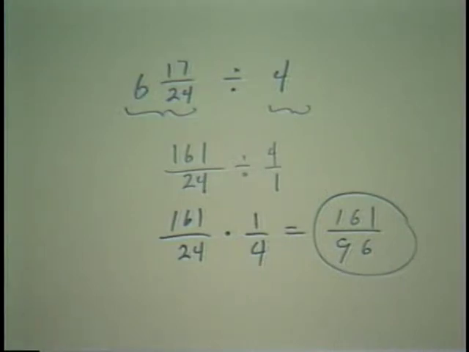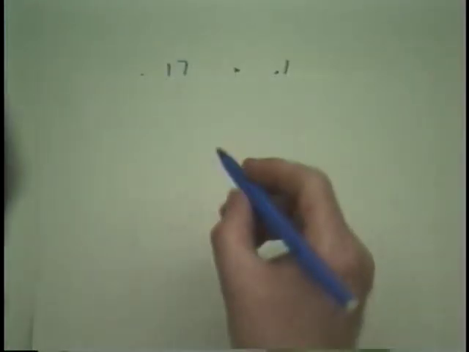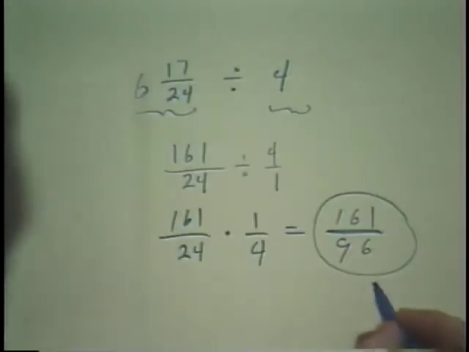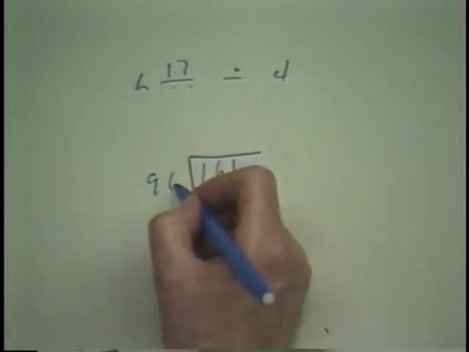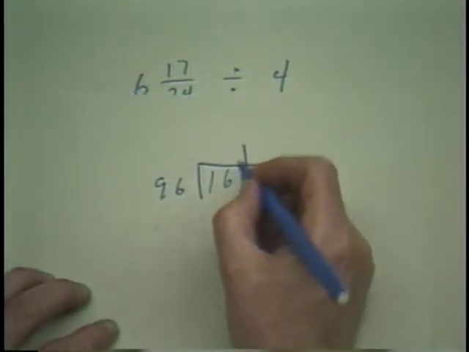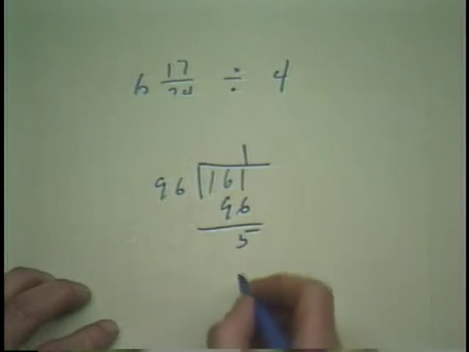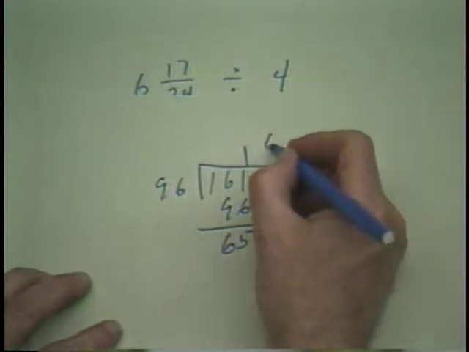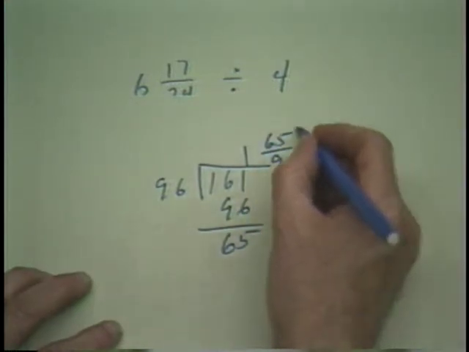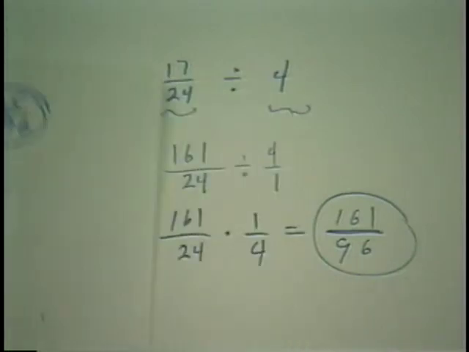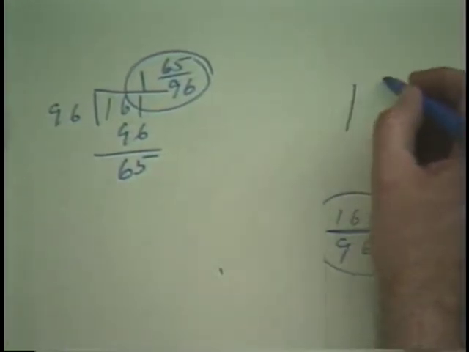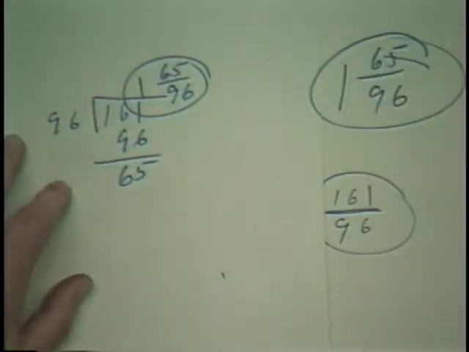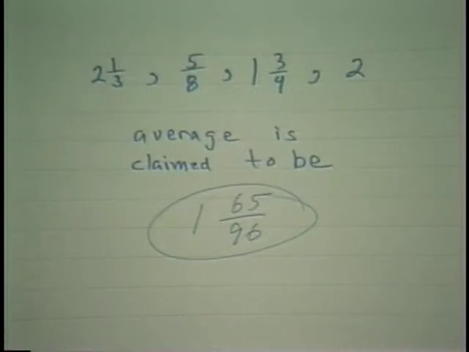Let's change that to a mixed number. 161 divided by 96. So my average of my four numbers is 1 and 65/96.